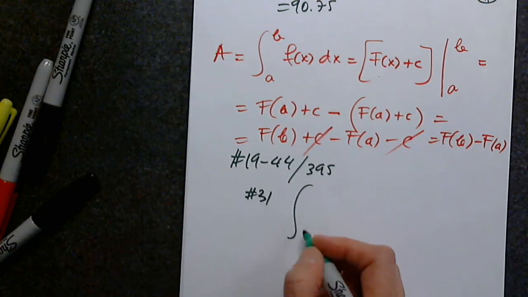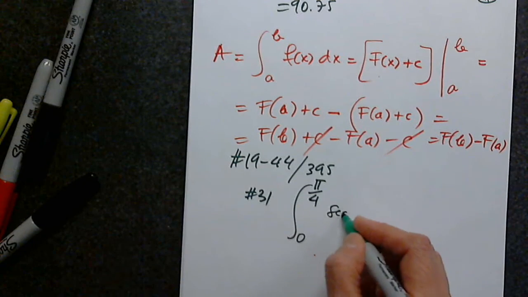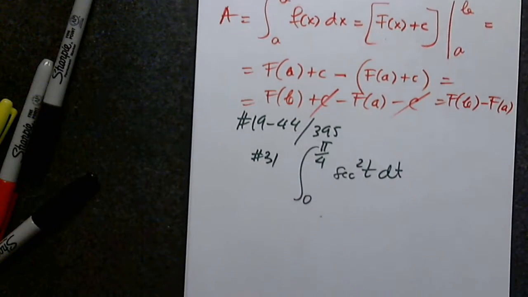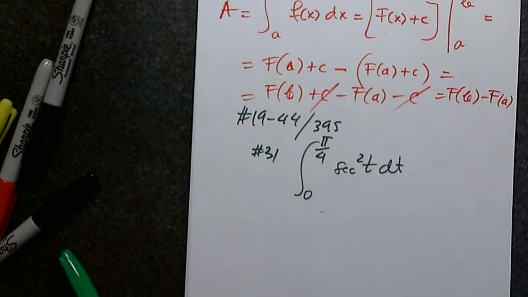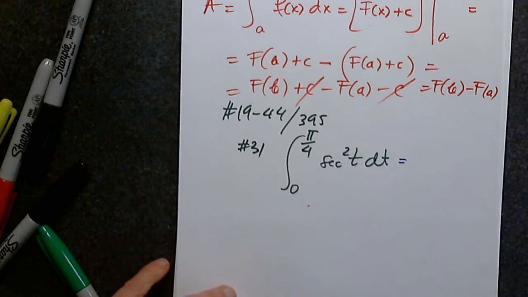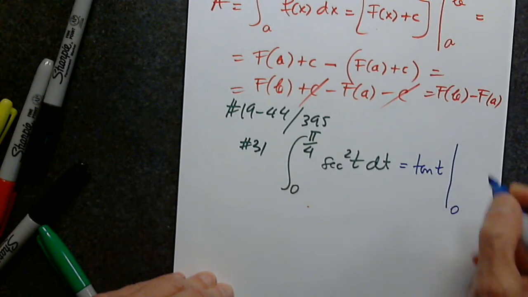The integral from 0 to pi over 4 of secant squared t dt. Well done. So, which function has a derivative of secant squared t? Very good. Tangent t from 0 to pi over 4.